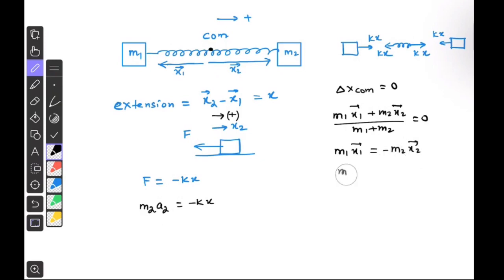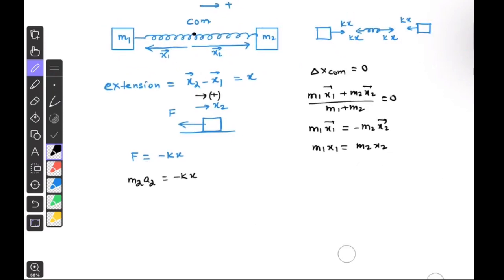For magnitude, m1 x1 must be equal to m2 x2. No? So the extension x, if I write it using the lengths x1 and x2, will be x1 plus x2. If the magnitudes are x1 and x2, then the extension will be x1 plus x2.